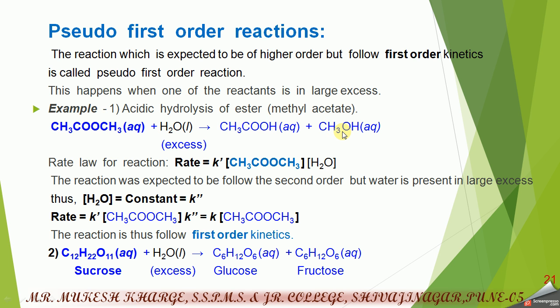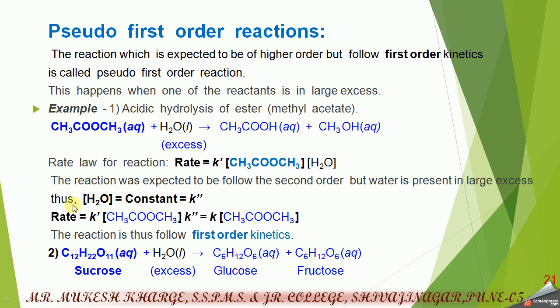So the rate law for this reaction is rate equals K dash into concentration of methyl acetate into concentration of water. This reaction was expected to follow second order kinetics, but here water is present in large excess. Therefore, the concentration of water is taken as constant, which is equal to K double dash.